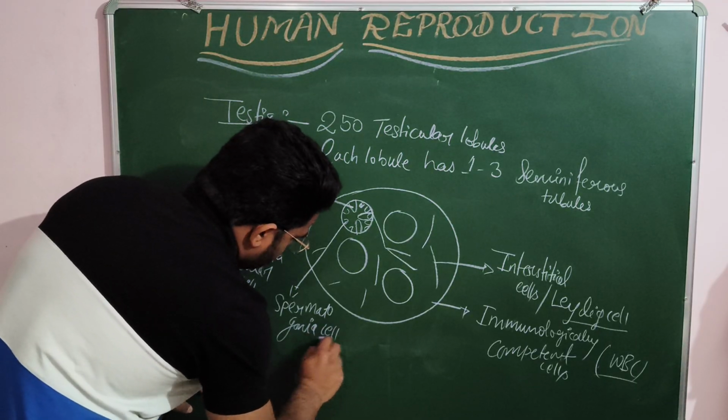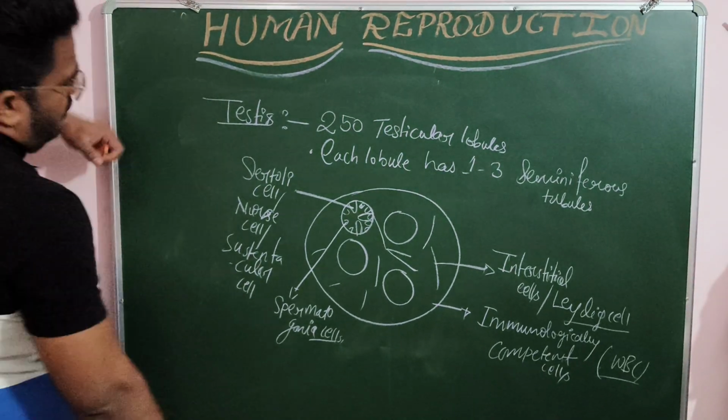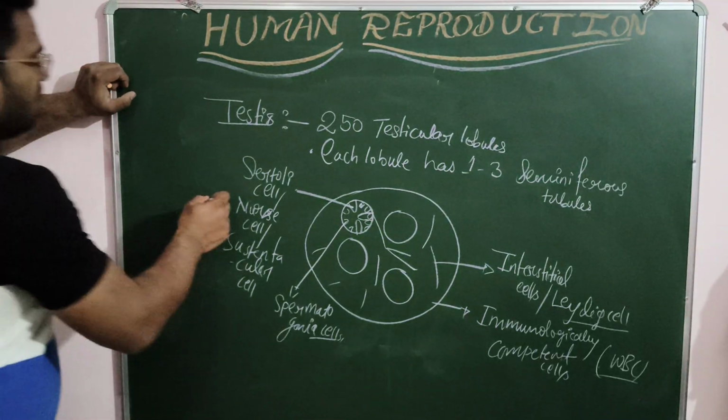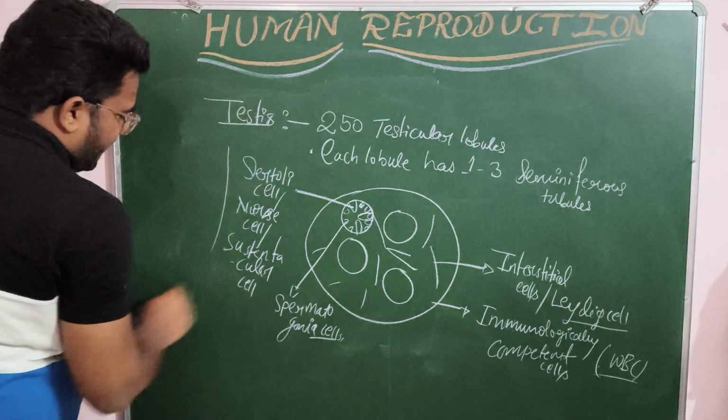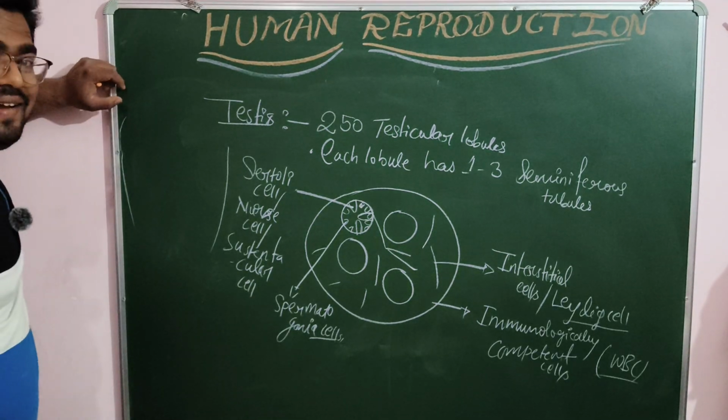Spermatogonia cells. Let's talk about the function of Sertoli cell, or nurse cell, or sustentacular cell. These are the cells which facilitate the maturation process of male gamete.